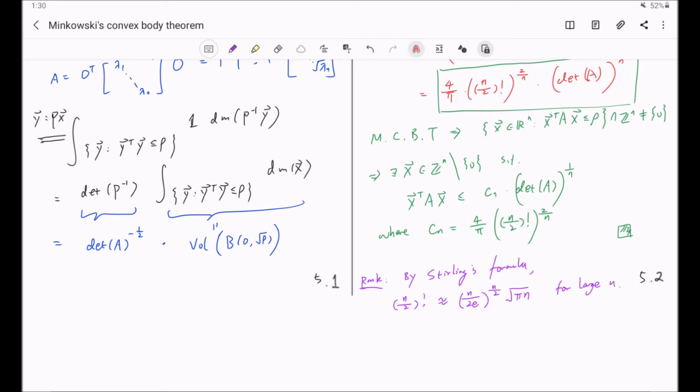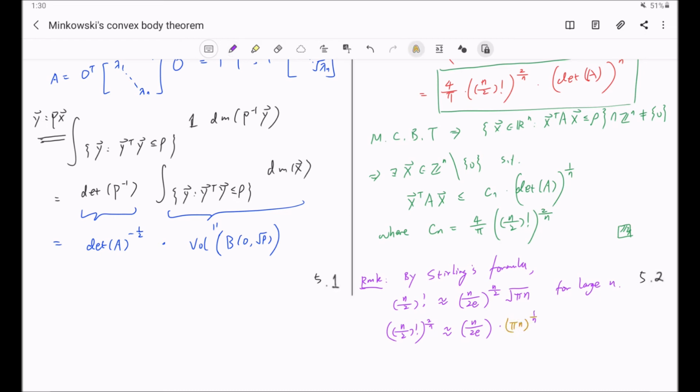And now you compare this with this. You take the power 2 over n, and you get this factorial raised to the power 2 over n is approximately this guy, n over 2e times (pi n) raised to the power 1 over n.